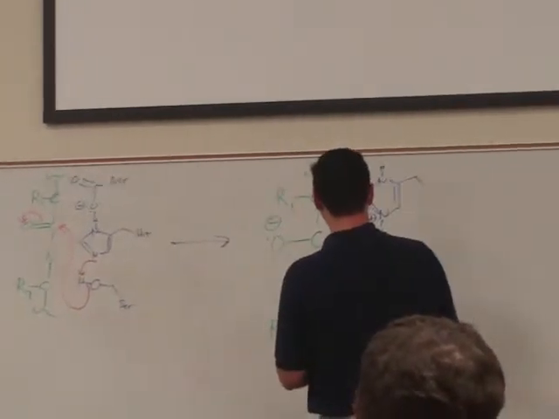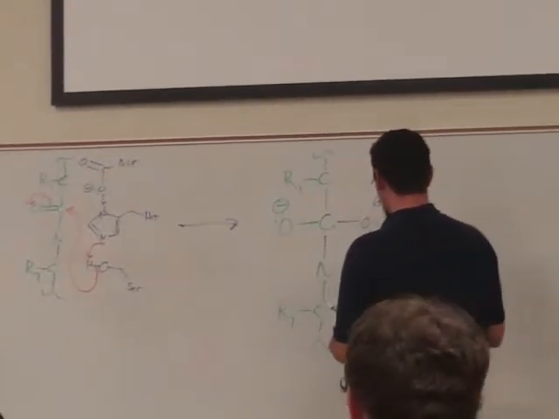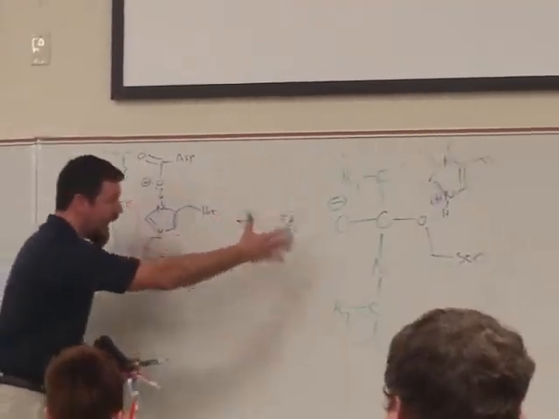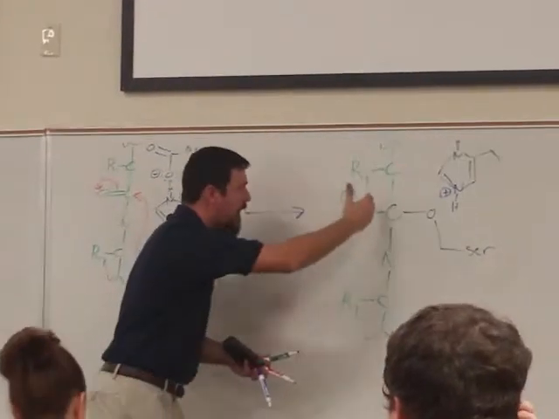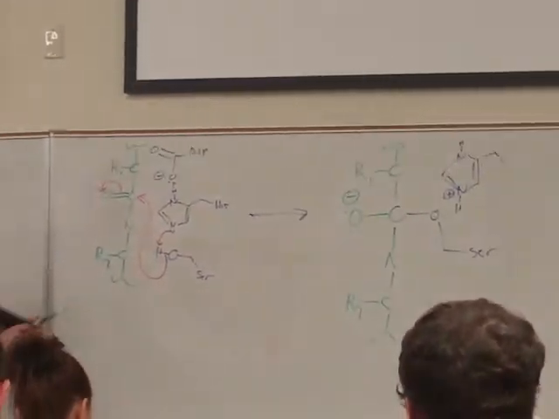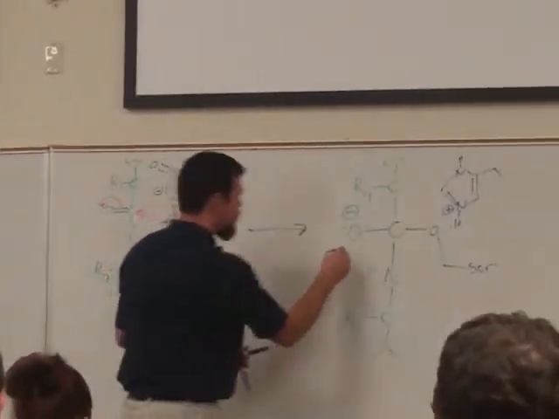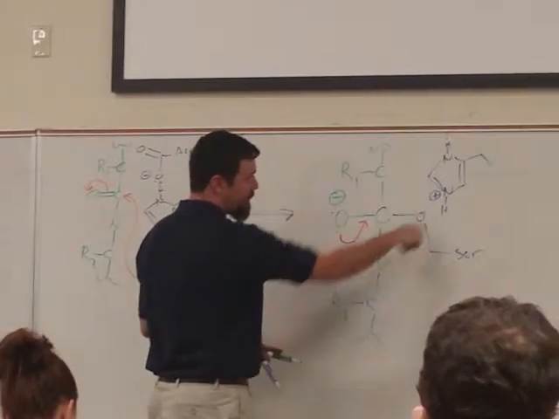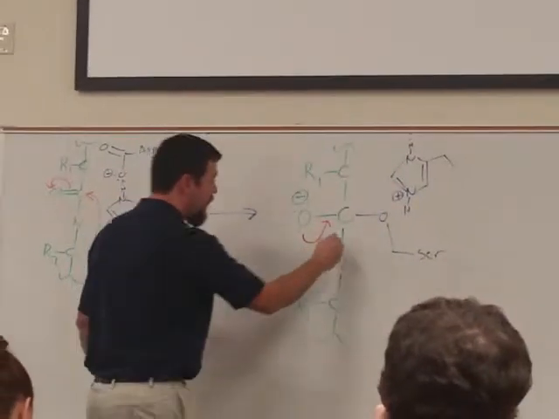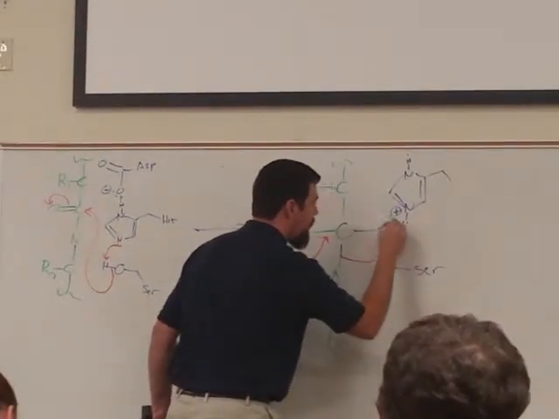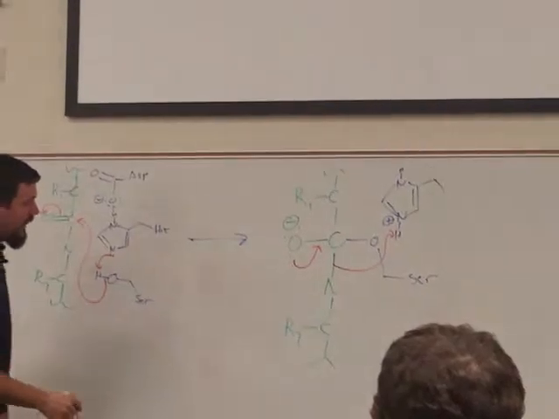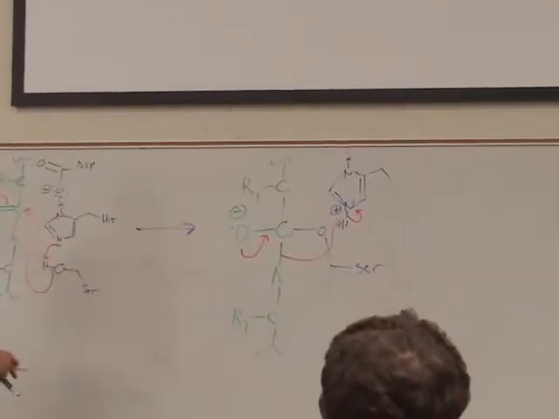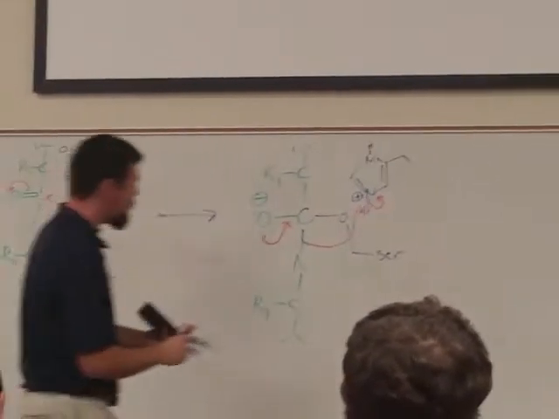So what happens here is we can have our electrons. This is high energy. These electrons want to fall back and make something that's more stable. So they will fall back here. This is a base. I know this is kind of confusing, but this will grab that. It's base assisted, okay? And we will regenerate our histidine.